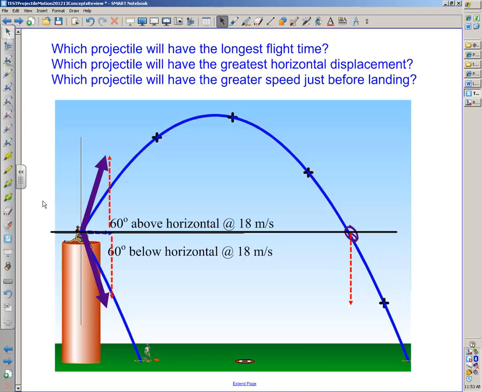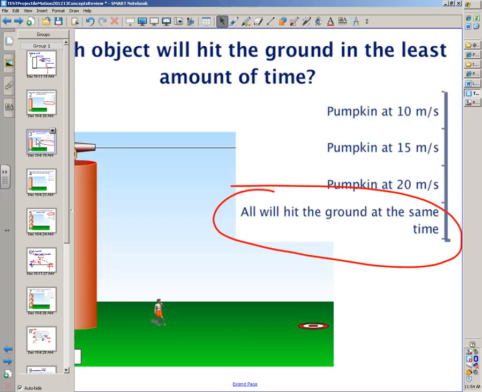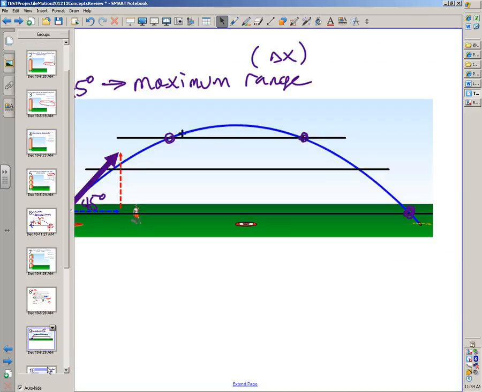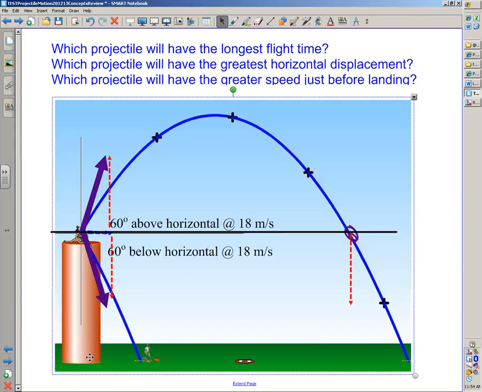Will they hit the ground at the same time? No, because it's not different velocities horizontally like that other problem. They won't hit the ground at the same time, but they will have the same speed because by the time the projectile gets back to the level it was launched from, it looks exactly the same as the other one.